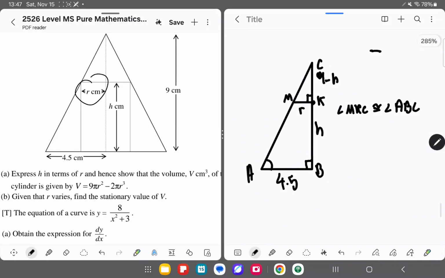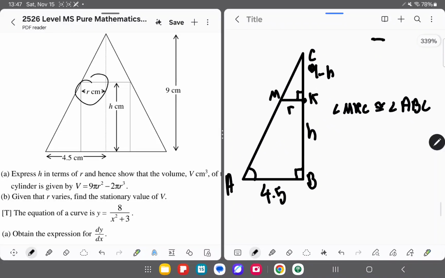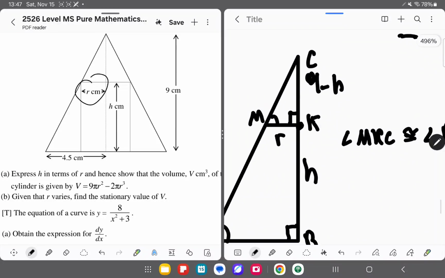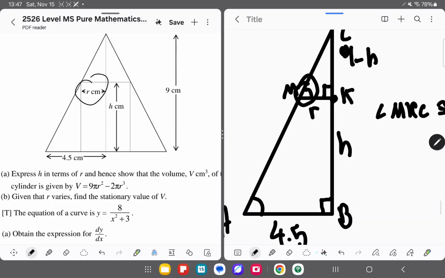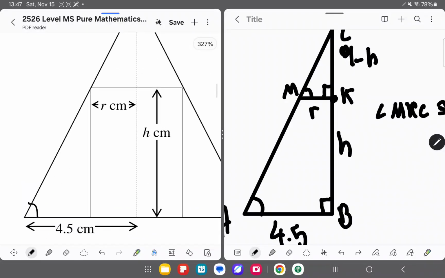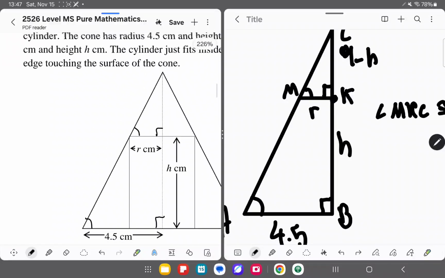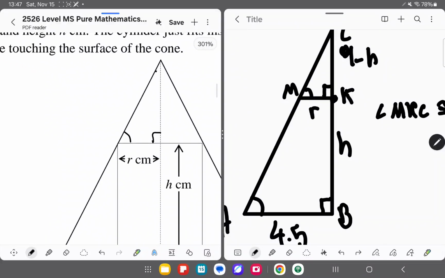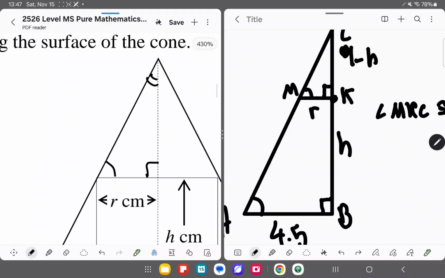Okay, so what we can conclude with another similar triangle is this angle over here is similar to this angle over here. And since they're two triangles and they both share this angle over here, then these two are guaranteed to be equal.